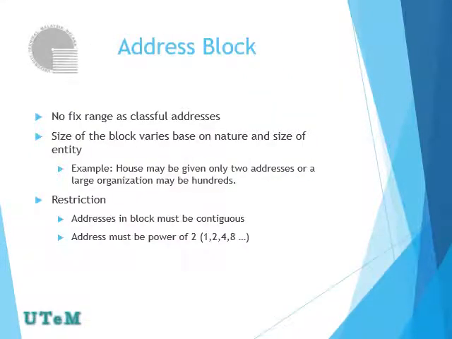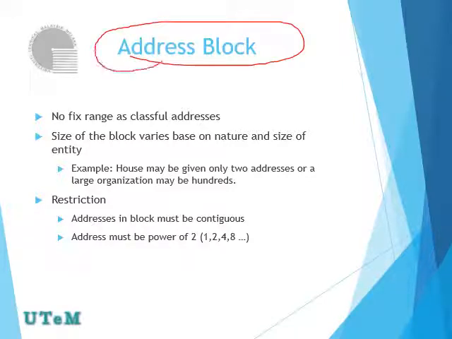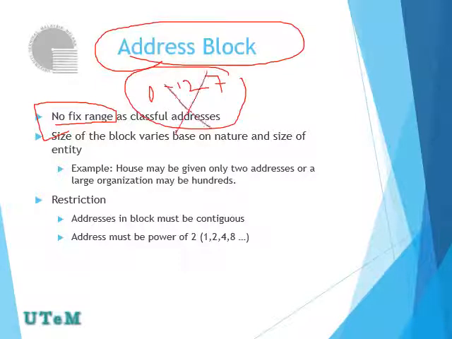Okay, hang on a minute, let me explain. In classless addressing, in the address block, there is no fixed range. Let's say 0 to 127, and that is class A. So there is no fixed range. The size of the block varies based on the nature and size of the entity.